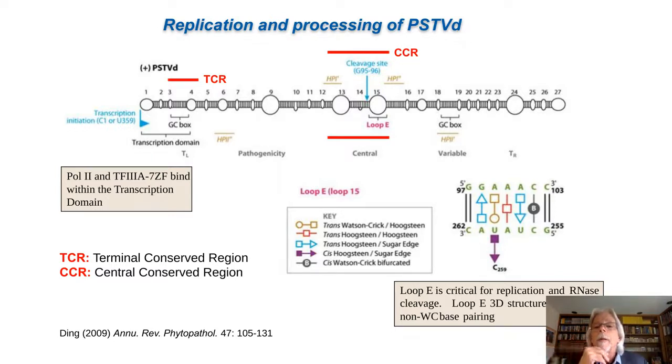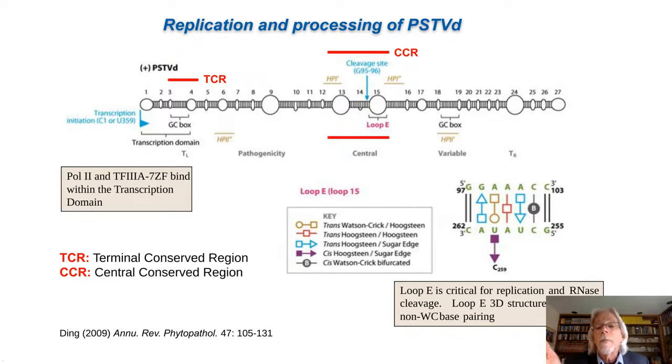Now, loop E is a motif that was initially recognized in ribosomal RNA. So this is a motif that's found in a lot of different RNAs. And you can see there's an annotation there of the non-canonical base pairing within it. I'm not going to have time to go through those non-canonical base pairs, but just be aware of that.